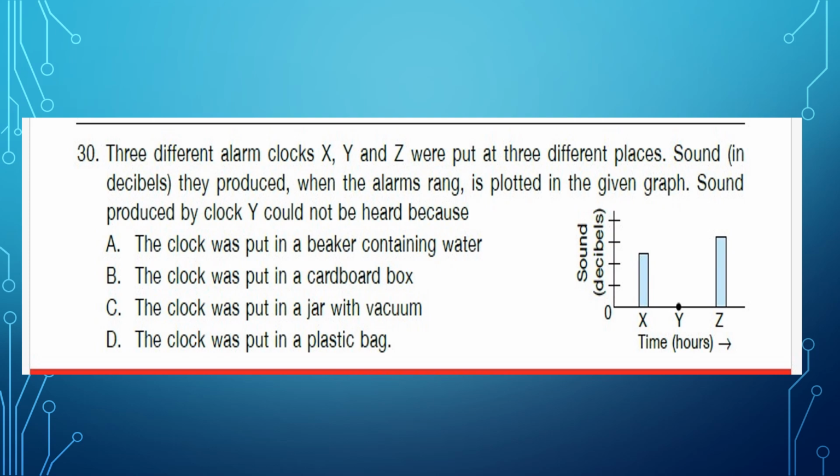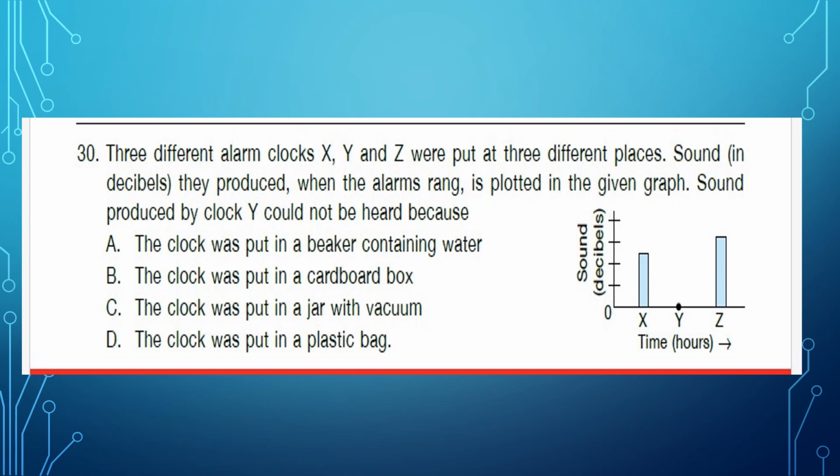Question number 30. 3 different alarm clocks X, Y and Z were put at 3 different places. Sound in decibels they produced when the alarms rang is plotted in the given graph. Sound produced by clock Y could not be heard because option A, the clock was put in a beaker containing water.